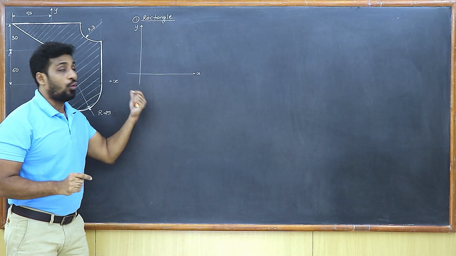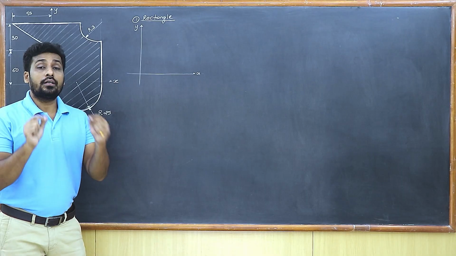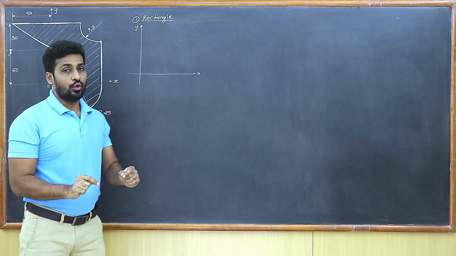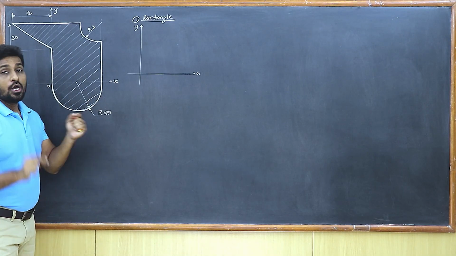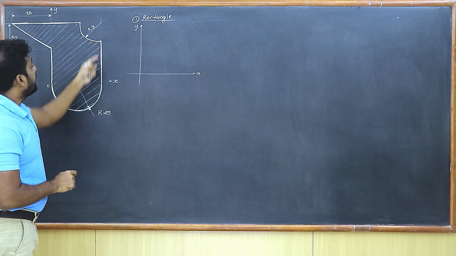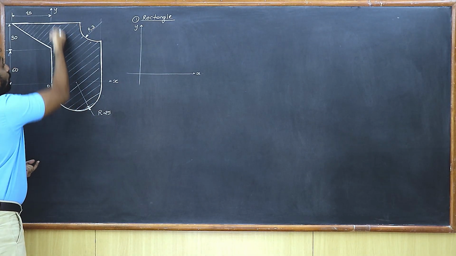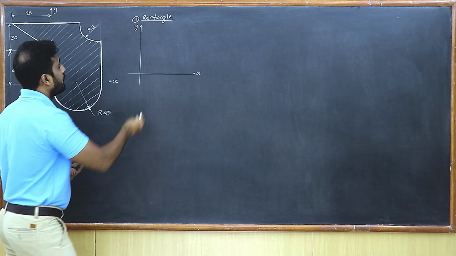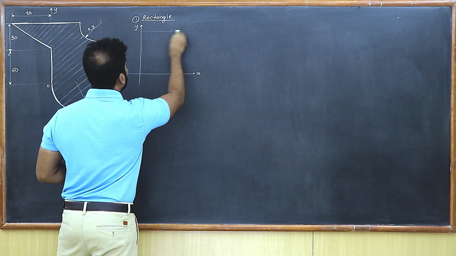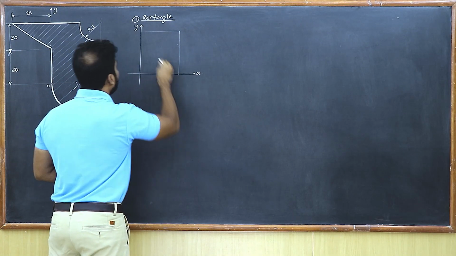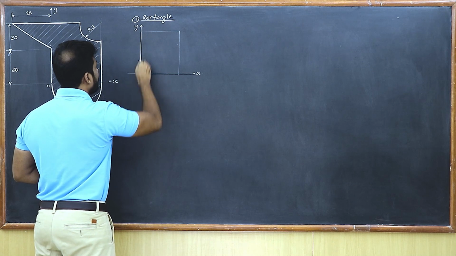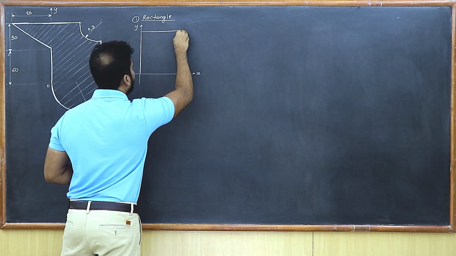Draw the diagram exactly as it is looking in the original diagram. So you can observe that the rectangle is sharing its adjacent sides with the x and the y axis, isn't it? So I'll be drawing the rectangle over here. So let's draw the rectangle. So this is the rectangle.